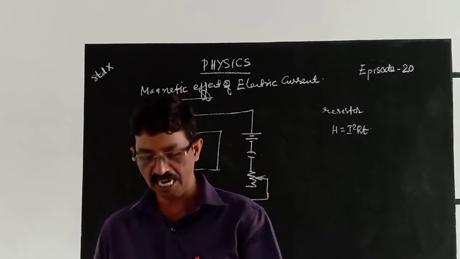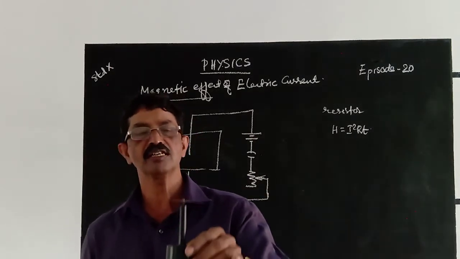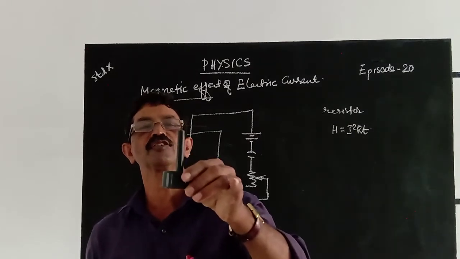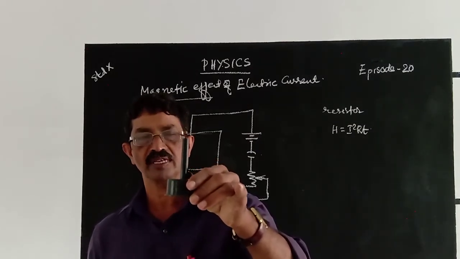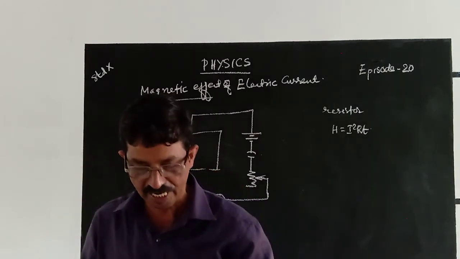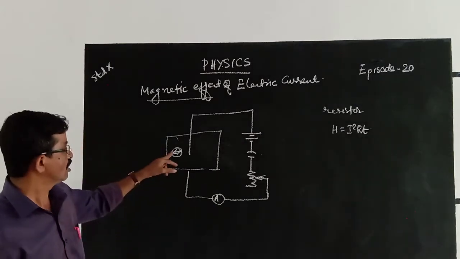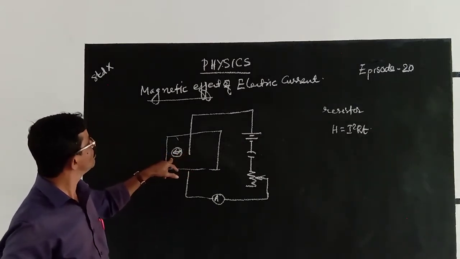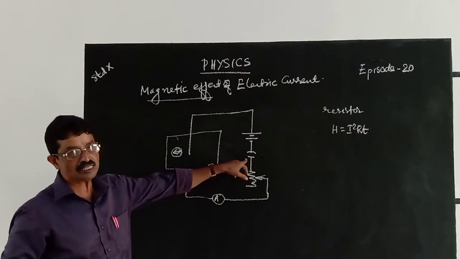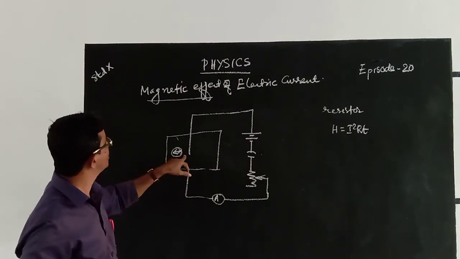This compass needle always stays in the north-south direction. Before we switch on the plug key, observe the direction of the needle.